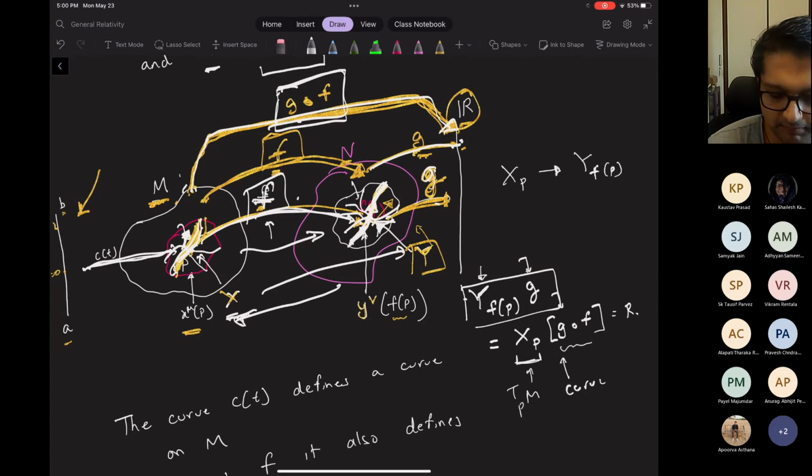If this mapping has an inverse, which is to say that this is a diffeomorphism, that means that the manifold M has to have the same dimension as the manifold N, for the inverse to exist. If the diffeomorphism exists, then this inverse mapping also exists. That is, if f is bijective or this is a diffeomorphic map.